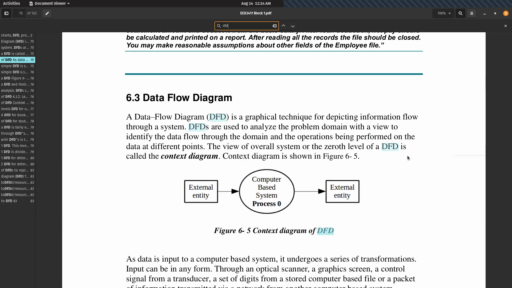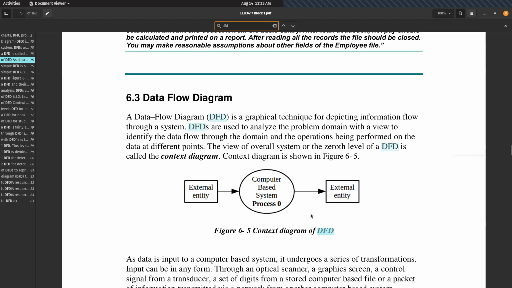We identify the main external entities to the system, and from where to where the data flows, and we draw the first process as process 0. It is a context diagram, only one circle.